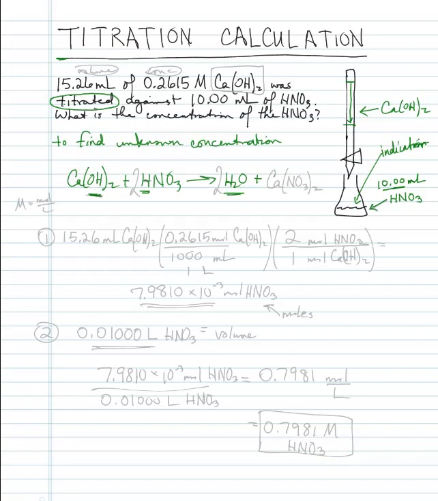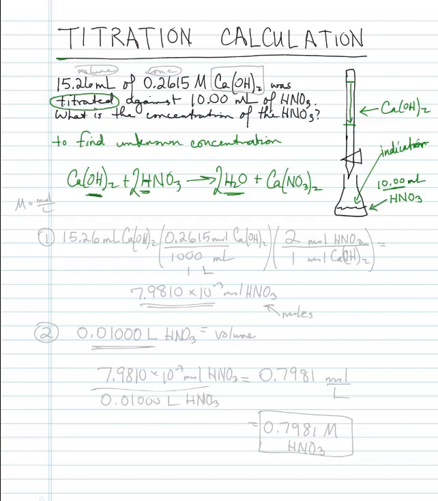The other two pieces go together, calcium nitrate, and I put the formula down. I have two nitrates here, so I need two nitrates on the left side, and that also takes care of the fact that I need two hydrogen ions to neutralize my two hydroxide ions, and that will make two waters. Two hydrogen ions and two hydroxide ions combine to form two waters. So here's my balanced equation.